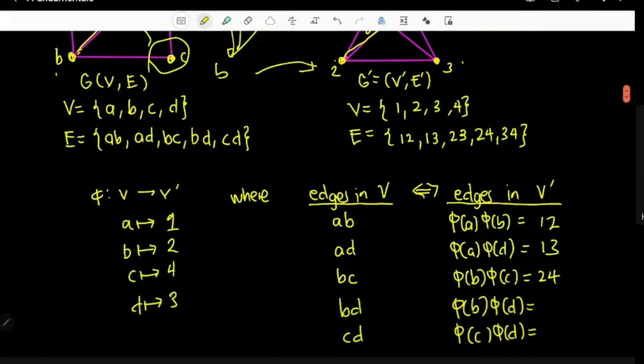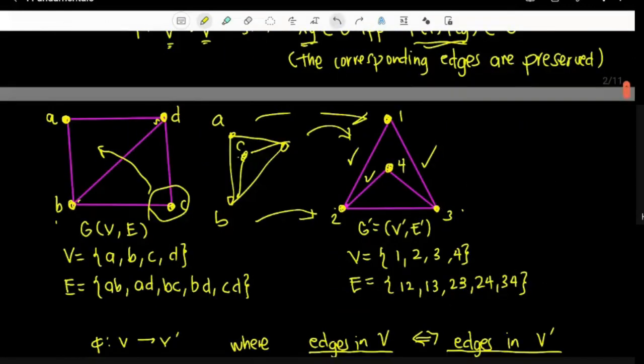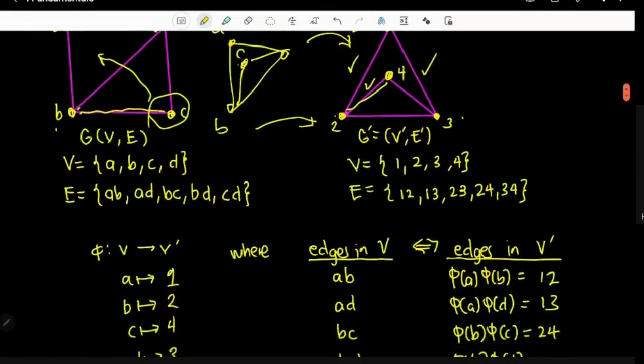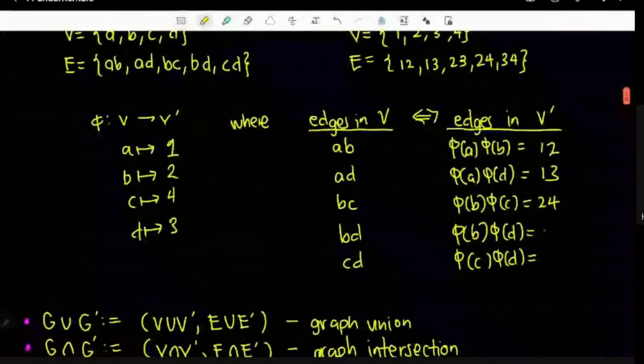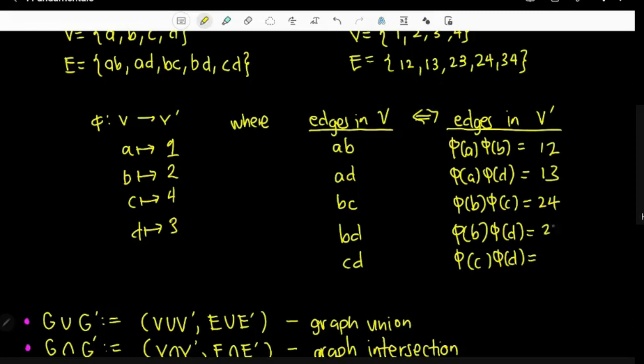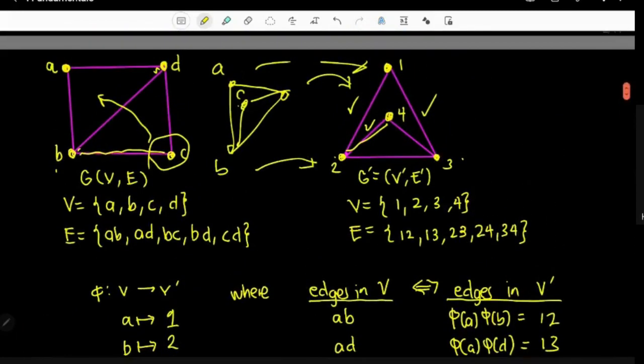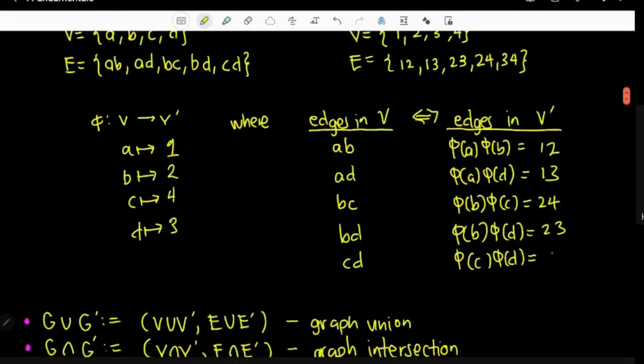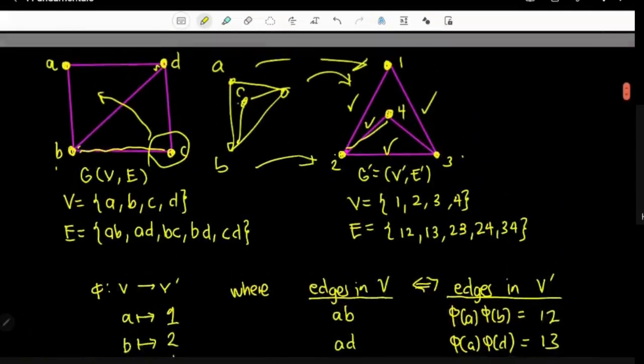BC pala, sorry. BC pala yung kinuha natin. My bad. Ito pala yung BC. Tapos, ito yung 2, 4. Which is correct naman. Yun naman talaga yung kapartner natin, di ba? BD, so this time B is 2, D is 3. So that is the edge 2, 3. And then CD is 4, 3. So this is the edge 4, 3.